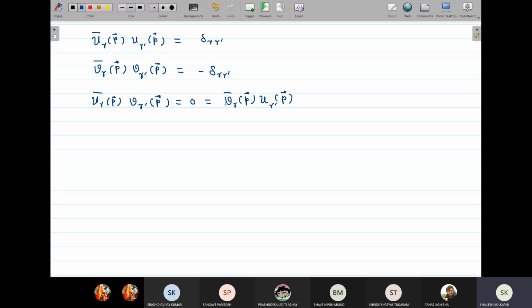So they are also orthogonal, basically. This is what it says. This you can show.